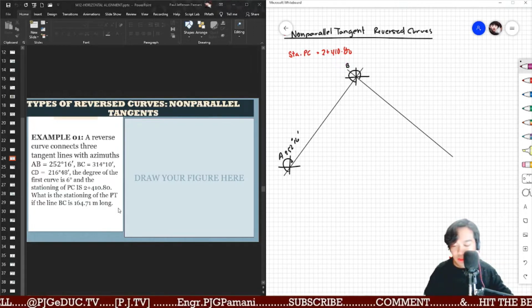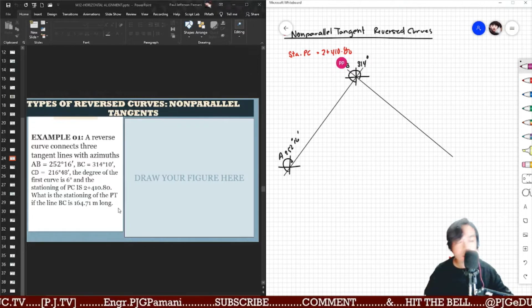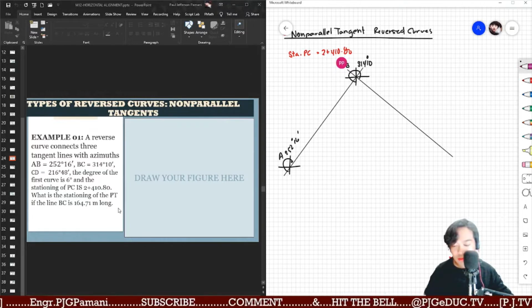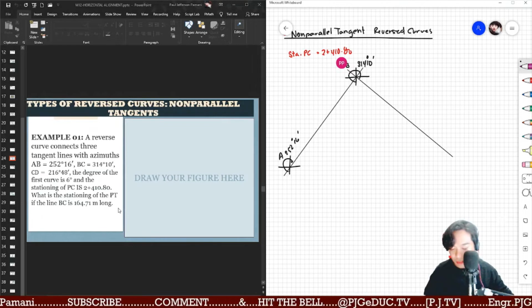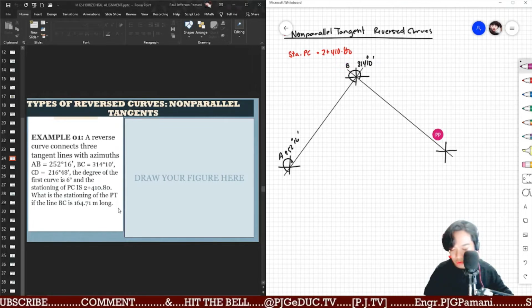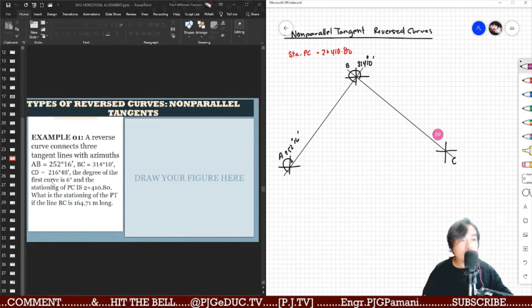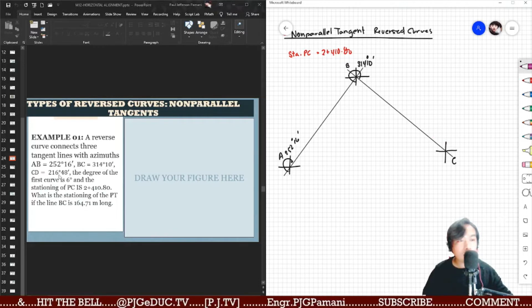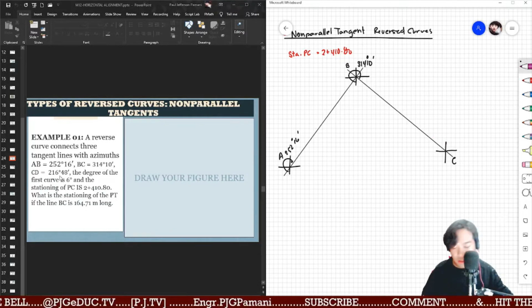So that is our 314 degrees 10 minutes, B, C. And C to D is 216 degrees 48 minutes.